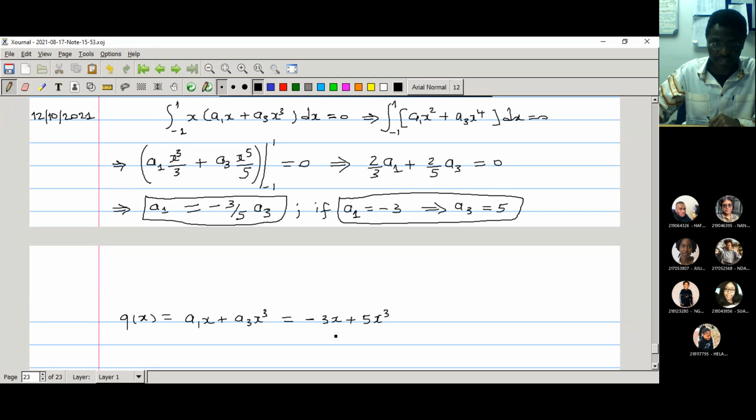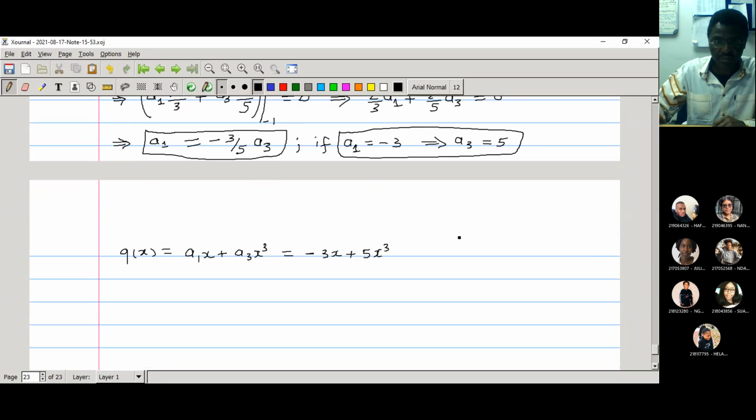So negative 3, 5, negative 3, 5. So this is what I obtain. So this will be the expression of our Q. Right? So that is the expression of Q(x).